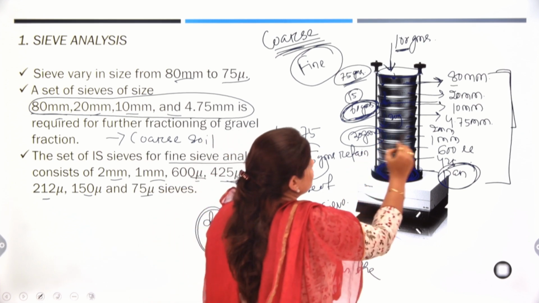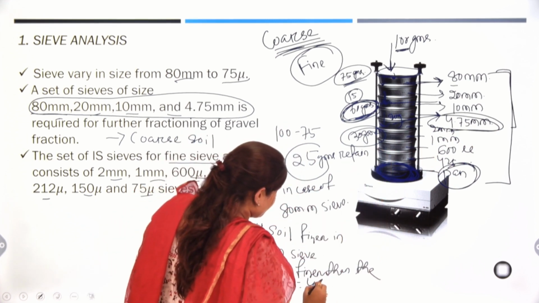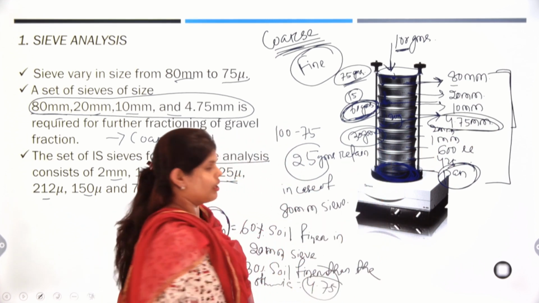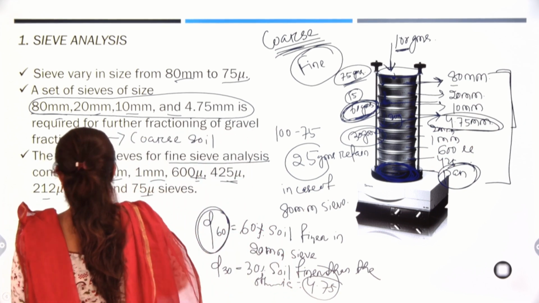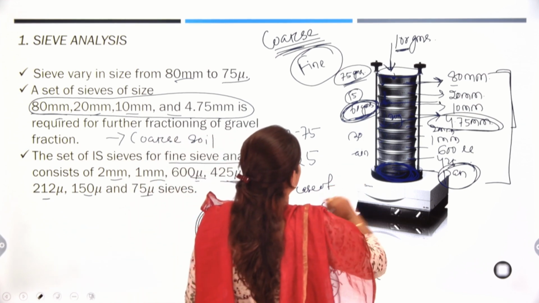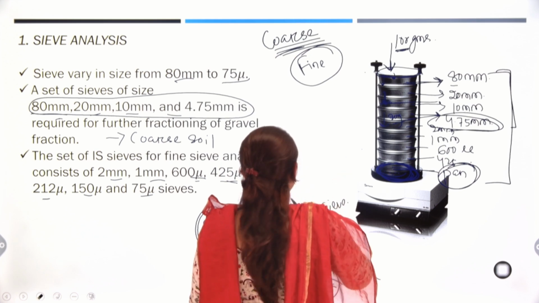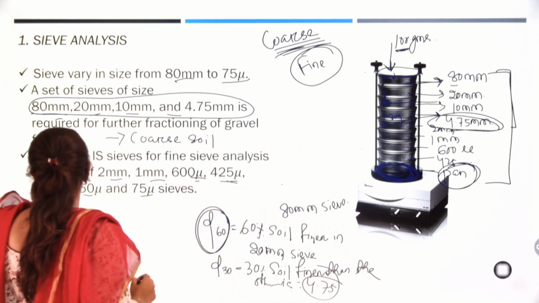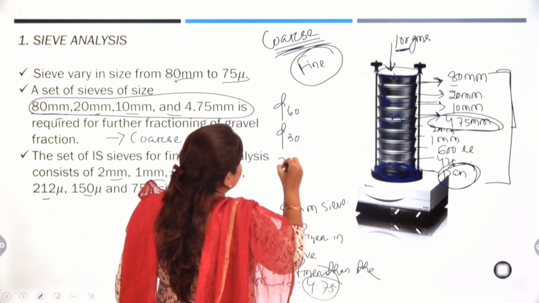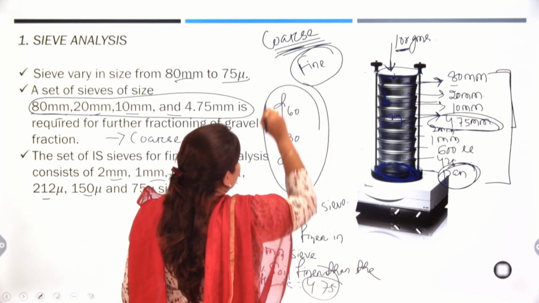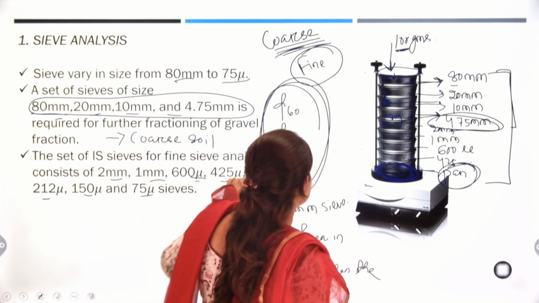If it is retained on the 4.75 mm, our D30 will be 4.75. In this way we will get our D60, D30 and D10 values. In the next class we will discuss why we need these values.